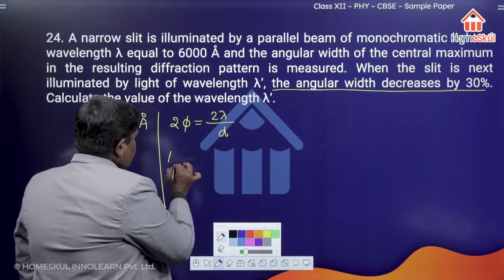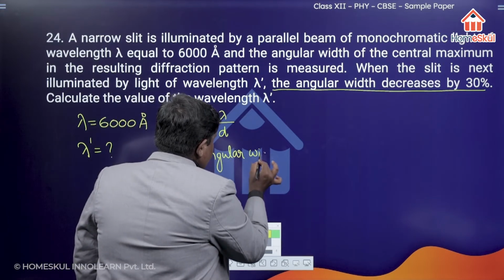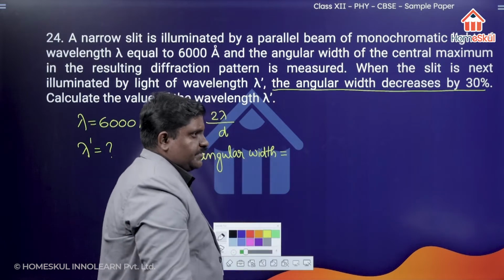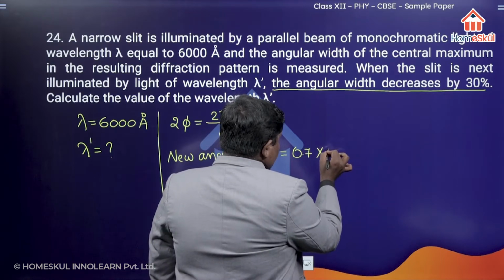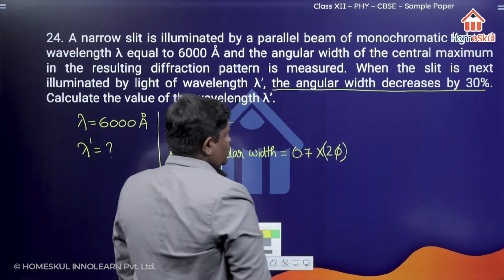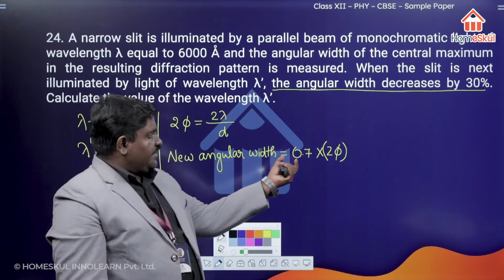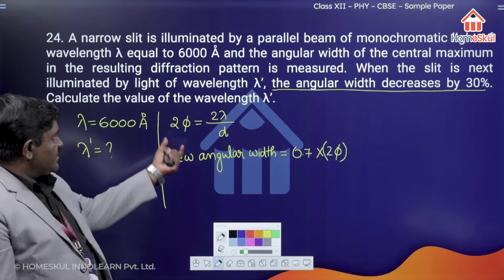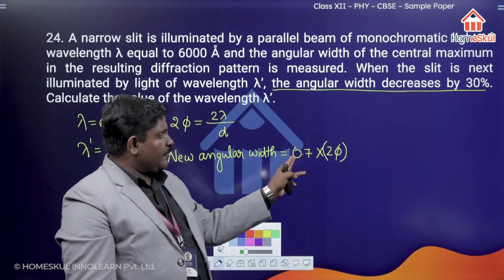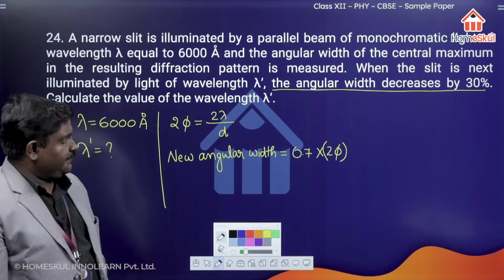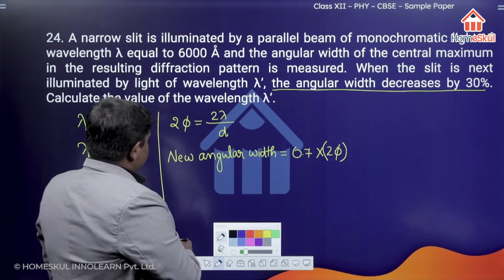So the new angular width is equal to 0.7 into 2 phi, because this is the actual one. If it is 30% decreased, that shows 0.7, right?